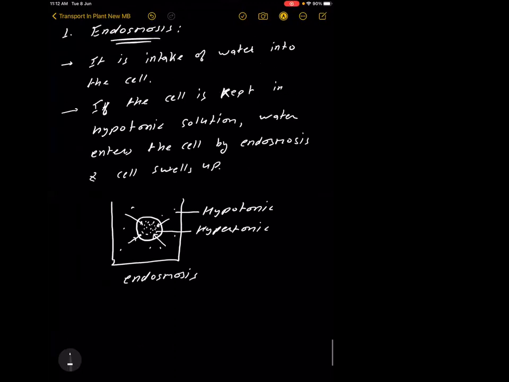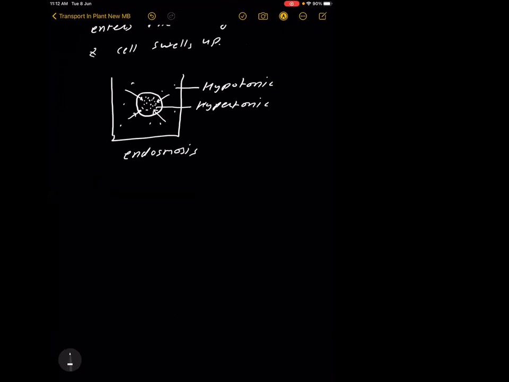Okay, this is endosmosis. Next is exosmosis. Sir, the cell wall is absent in an animal cell. What happens? The cell will burst, because the plasma membrane cannot resist that turgor pressure.